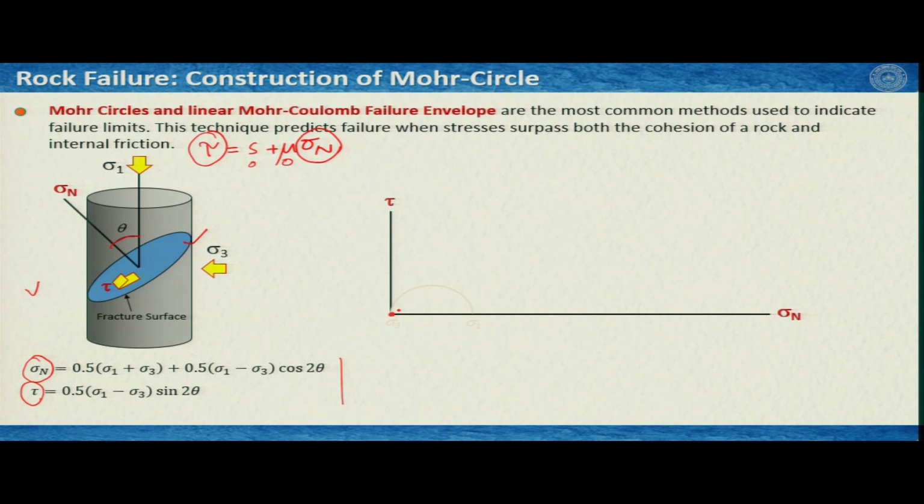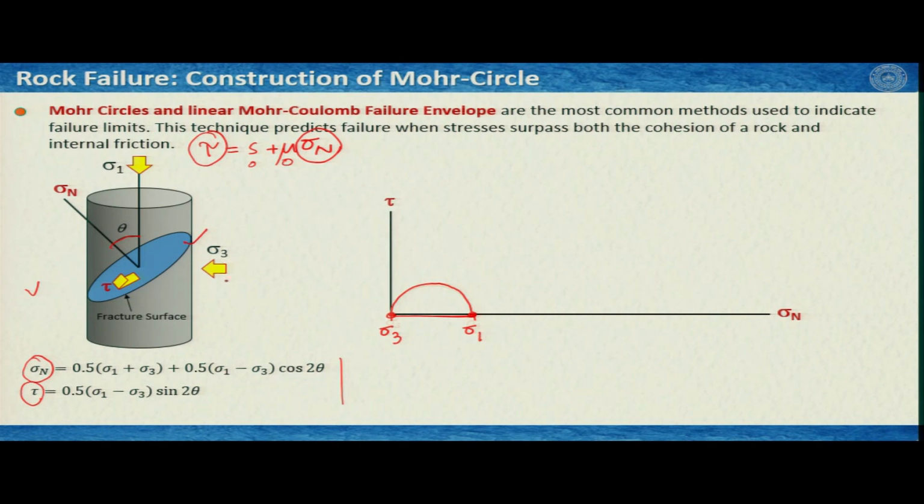Then I can find by rock deformation the stress at which the rock produced its first fracture, and say this is sigma 1, and we plot sigma 1 here. Now, considering this length along the sigma n axis as the diameter of a circle, we can draw a half circle like this, and this is your sigma 3 and this is your sigma 1. So, in this case sigma 3 was 0.